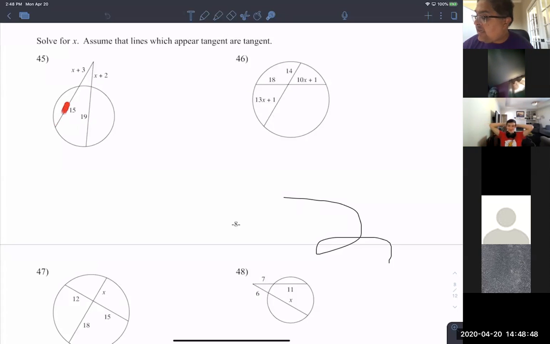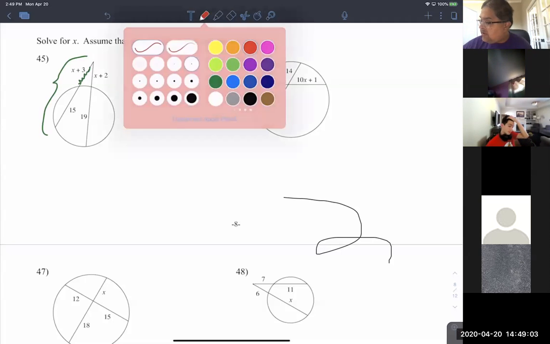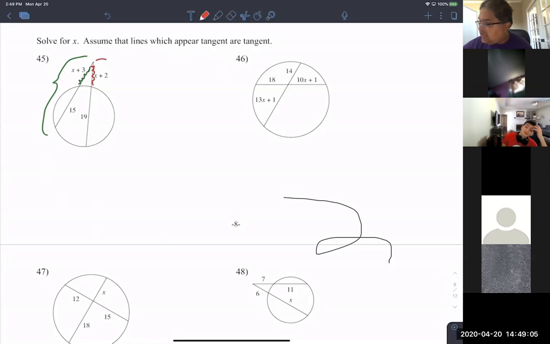So the first thing you have to ask yourself is, what are these? What type of lines are these? And these are 2 secants intersecting on the outside. So remember the relationship. This times the whole equals this times the whole.